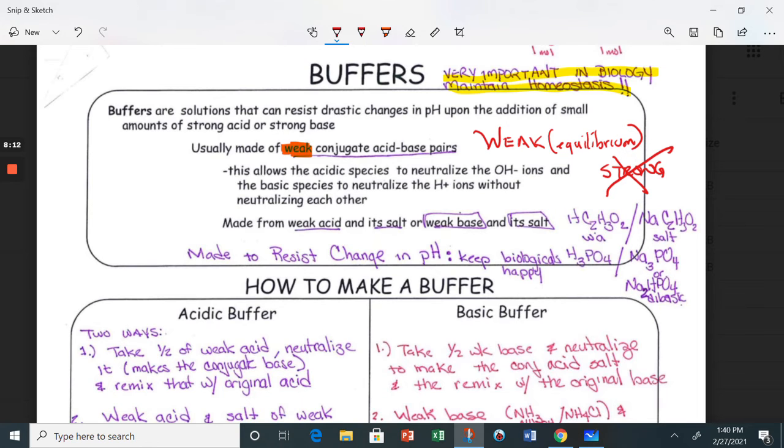So when you go to create a buffer system or evaluate one, if they ask you, will this buffer be a good buffer? You must make sure it is made from a weak acid or a weak base and its counter ion, right? Its conjugate base, its conjugate acid. So it has to be from the weak with its counter ion.